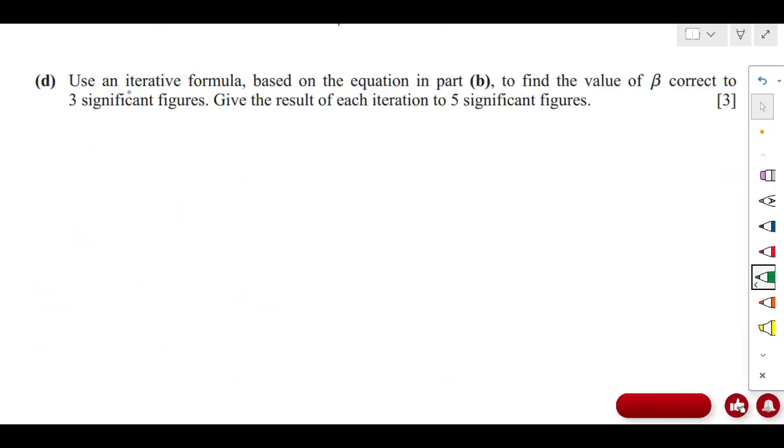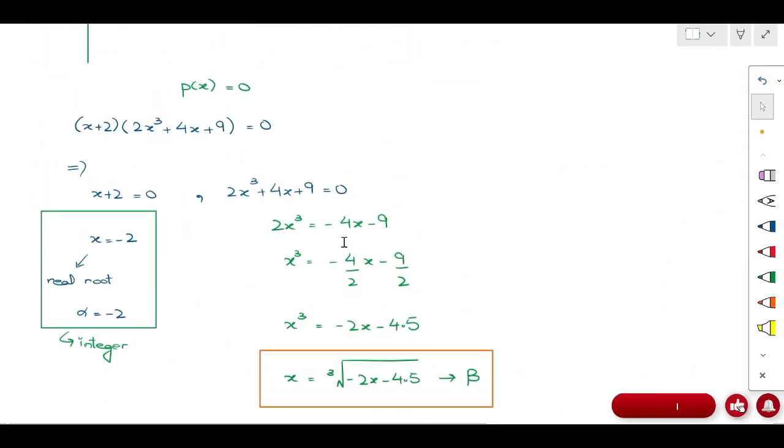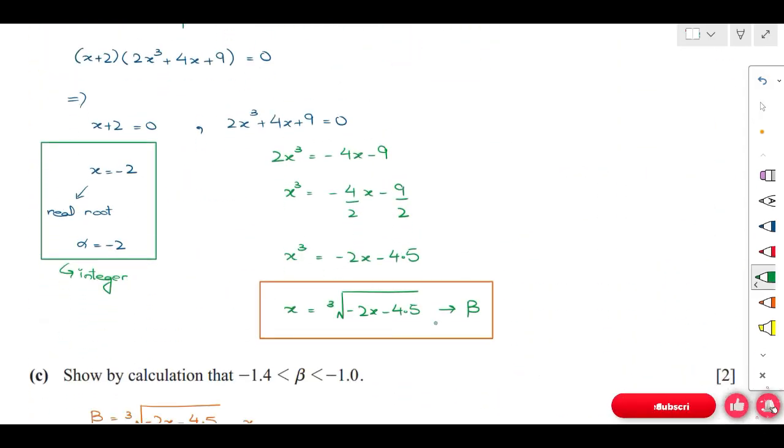Now for part D, use an iterative formula based on the equation in part B to find the value of beta correct to 3 significant figures. Give the result of each iteration correct to 5 significant figures.